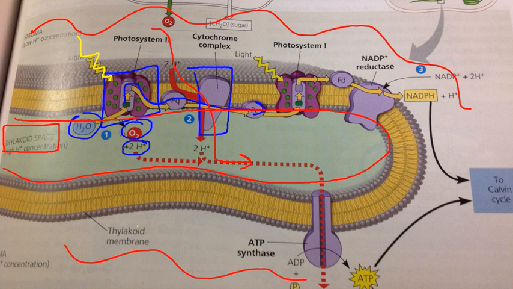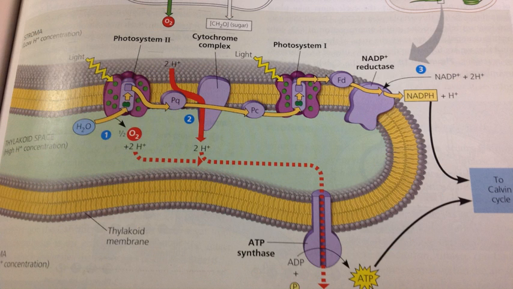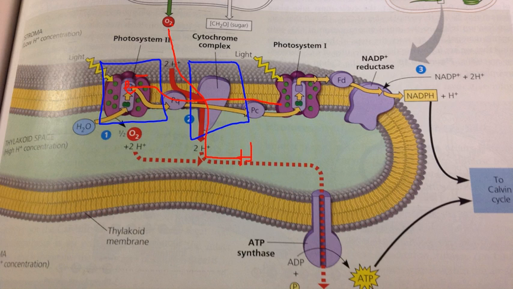Okay, so as the ETC, let me wipe it clean here so it can look a little better. So photosystem 2 and the cytochrome complex. That cytochrome complex, as that excited electron is passed through, is pumping hydrogen ions inside the thylakoid space. Now, it continues to pump hydrogen ions.